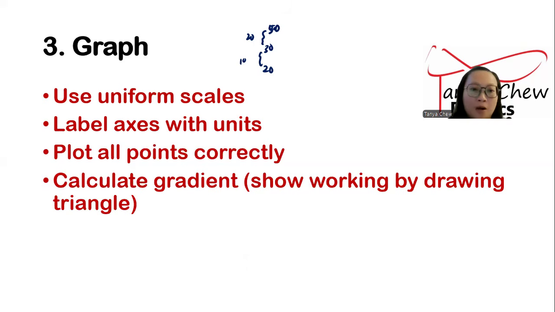Plotting part, 1 mark. And if the question asks you to calculate the gradient, you have to show the working by drawing the triangle. It's not just any triangle. The triangle must occupy at least half of your straight line, in order to get a more accurate value.